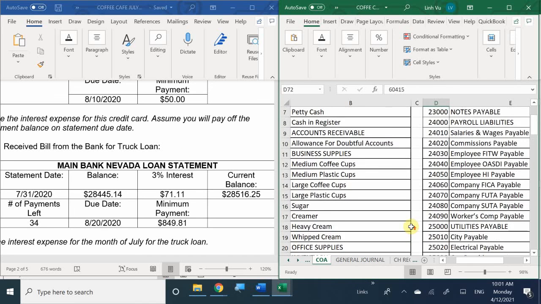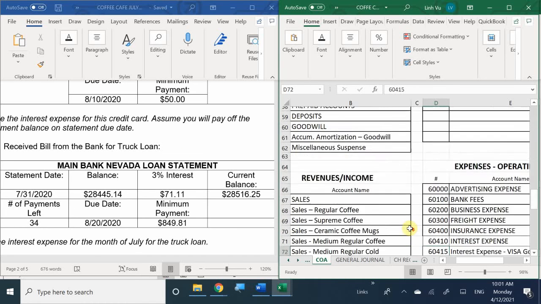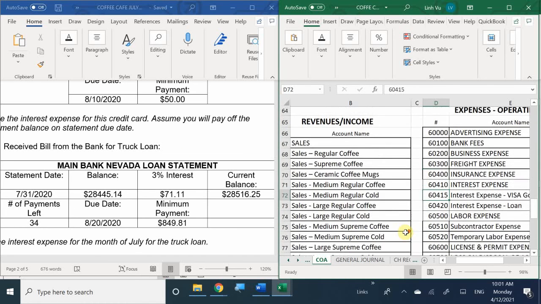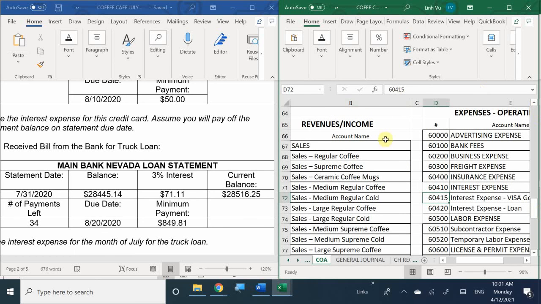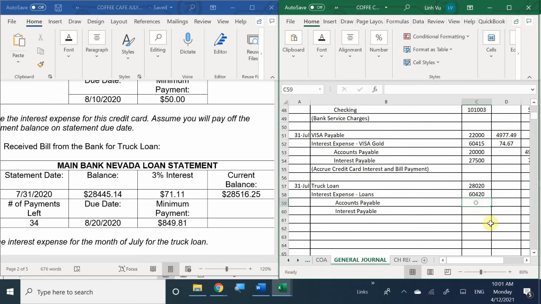Chart of accounts, interest expense for the loan. Interest expense for the loan is $64.20. Accounts payable once again is $20,000, and my interest payable is going to be $27,500.